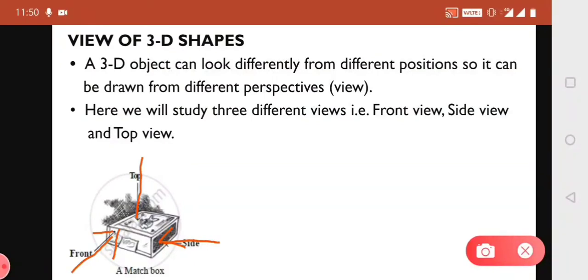So from different positions, the matchbox is seen differently. From the top view, we can see only the printed part of the matchbox. From the side view, we can see only the part which we use for lighting the matchstick, and from front view we can see only that part which we use to take out and put inside the matchstick box.